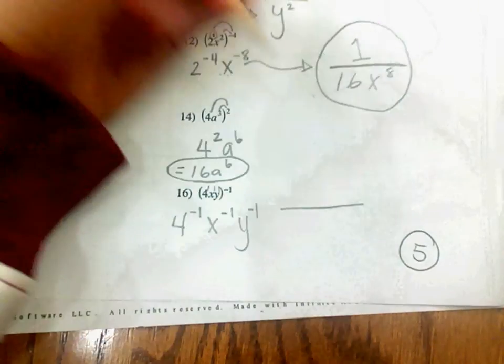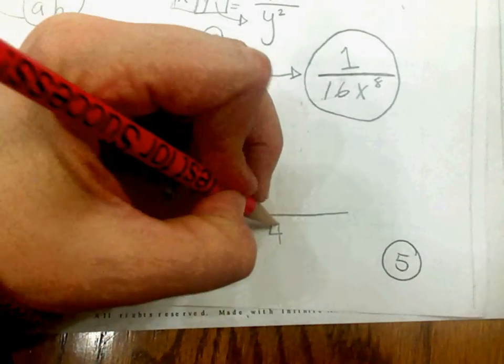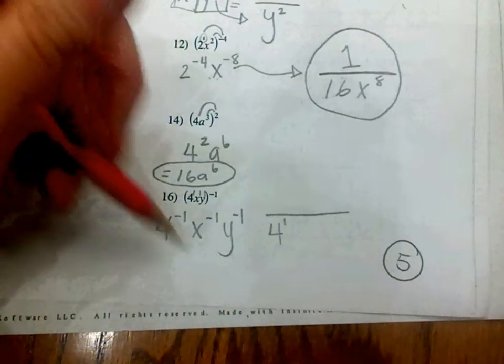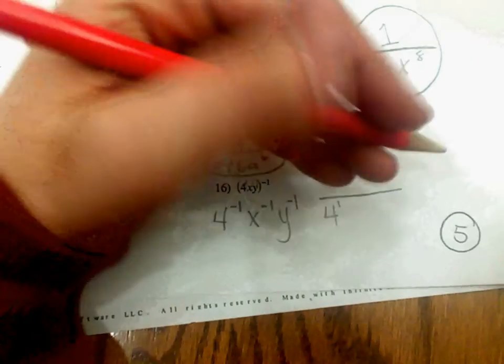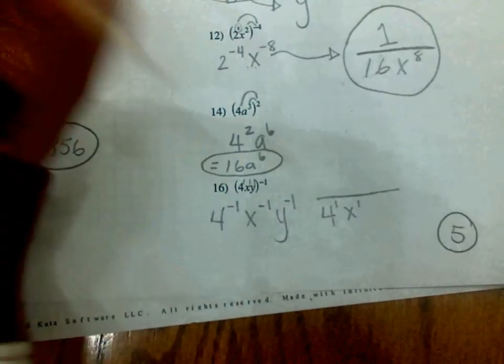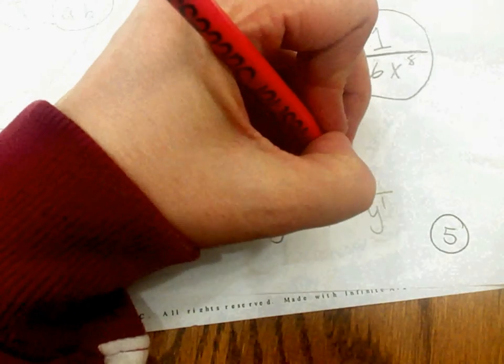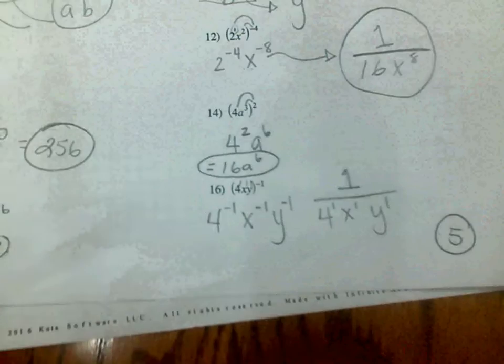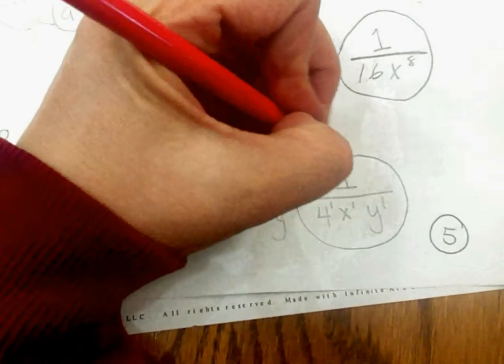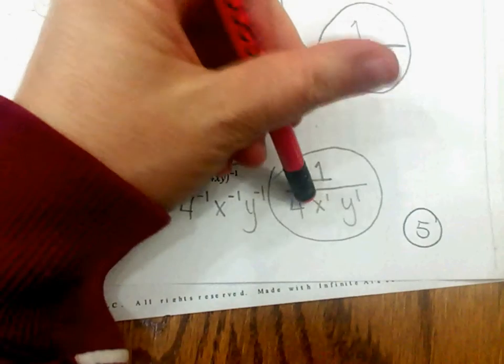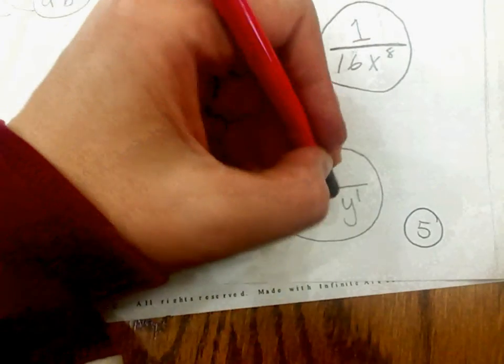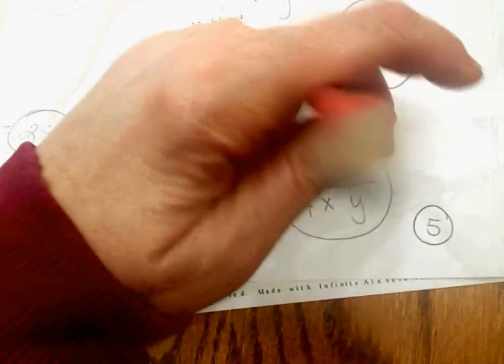So we're going to have to put them on the bottom. So that's how you make them positive. This exponent becomes positive on the bottom. And this exponent becomes positive on the bottom. You can just leave a 1 at the top. And that is your answer. I'm going to erase the positive ones on the exponents. And there you go.